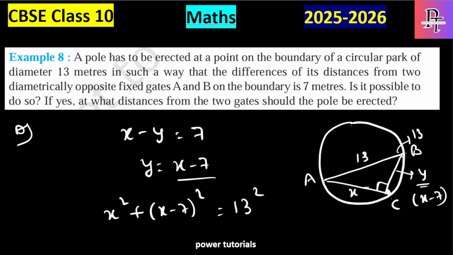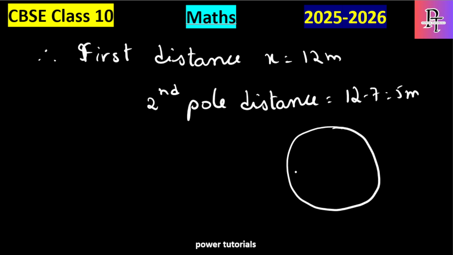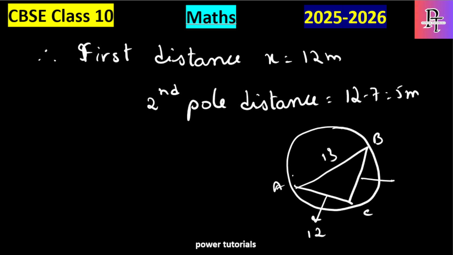The y value is x minus 7, so it becomes 12 minus 7, which is 5 meters. Okay, the final triangle will be something like this. We have a diameter, we have a pole. This is 13, this is A, this is B, and suppose our pole is here, and this distance is 12 and this distance is 5 meters.